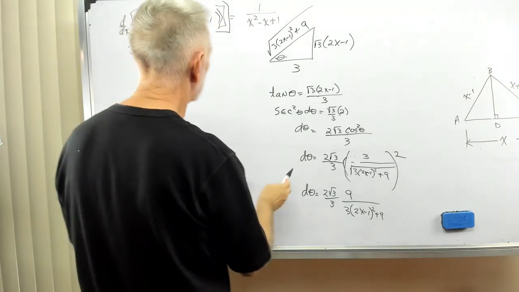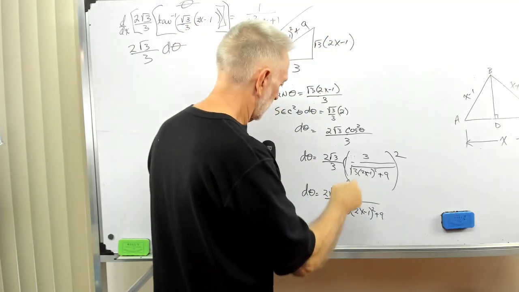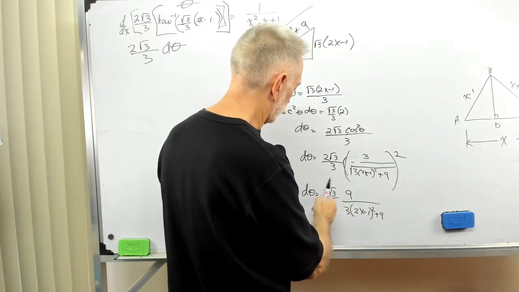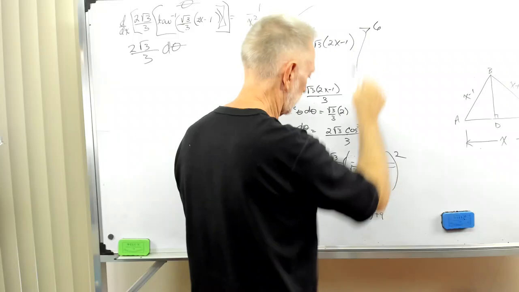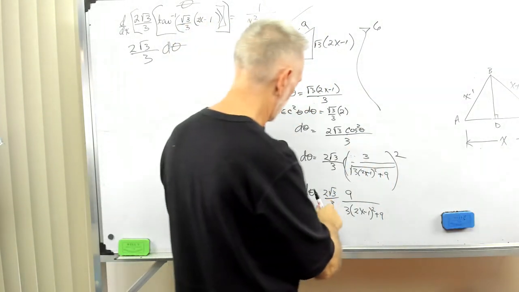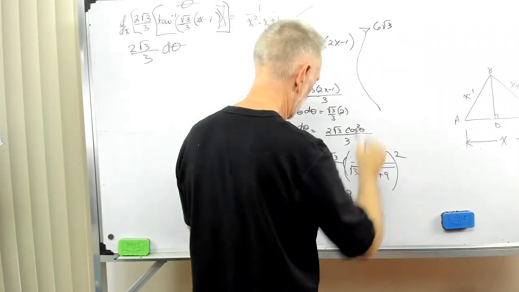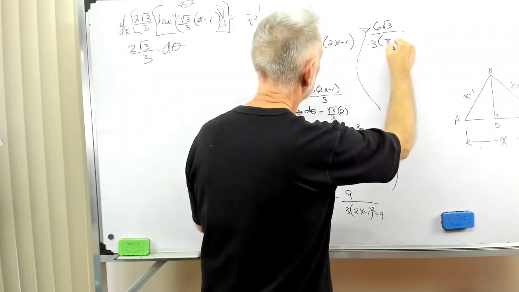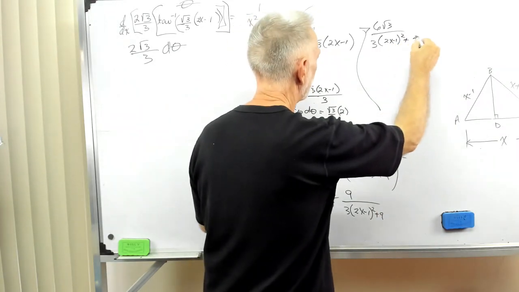Okay, we need to move. Hopefully I don't run out of cord here. All right, 9 divided by 3 is 3. So 3 times 2 is 6. We're going to move up here. So that's 6 square root 3 over 3 times 2x minus 1 squared plus 9.